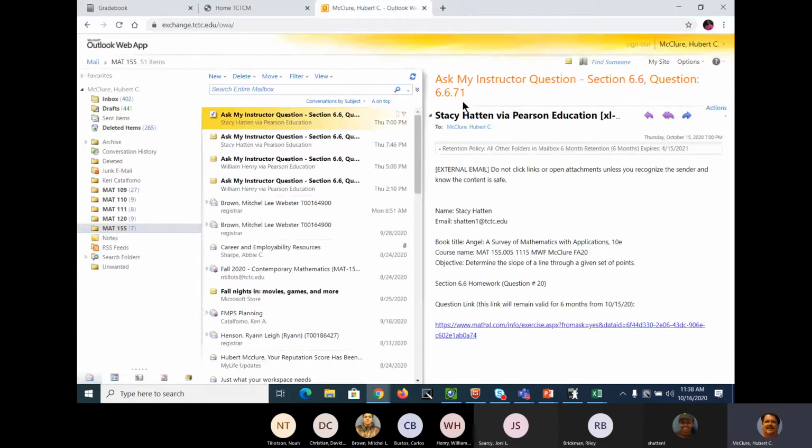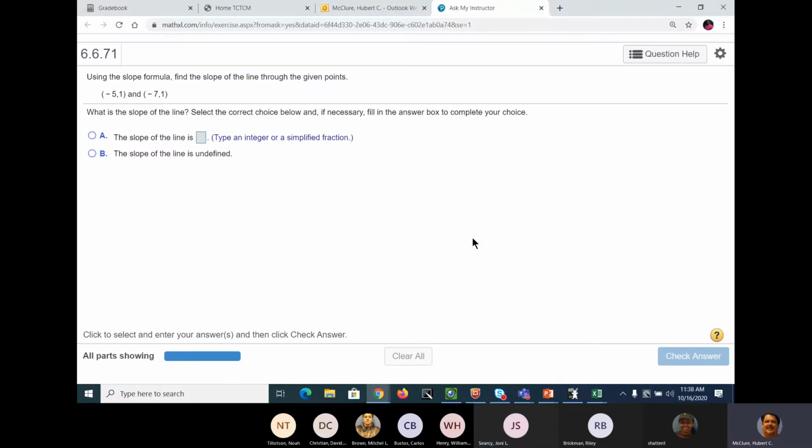This one is 6.671/20. First of all, is it a test question? Oh, yeah. Use the slope formula to calculate the slope through the given points. So basically, this is what they've got.